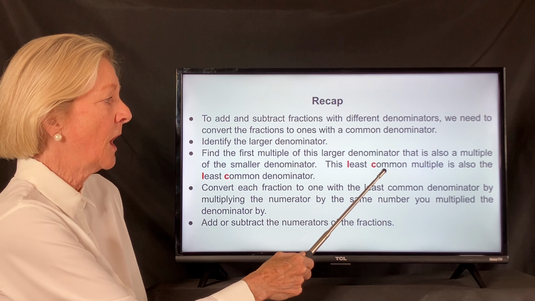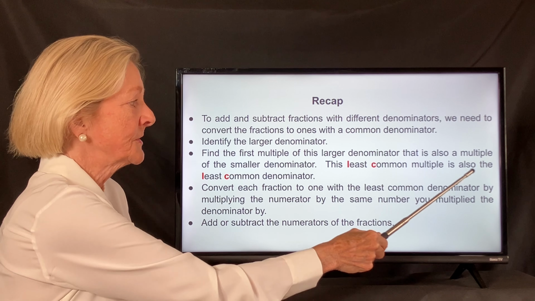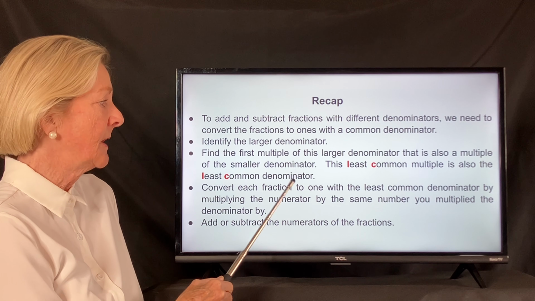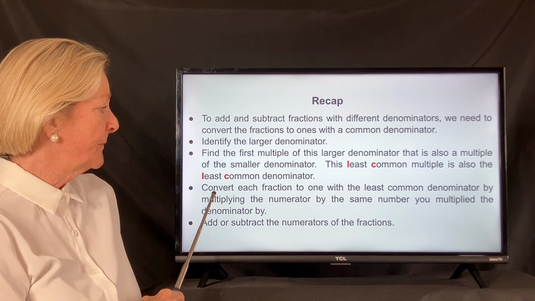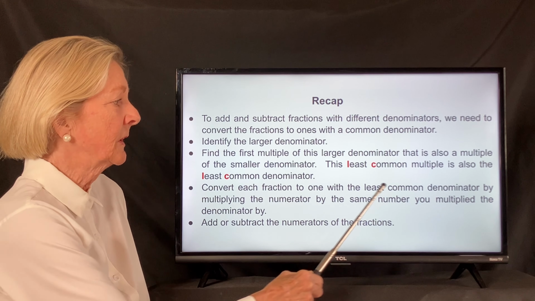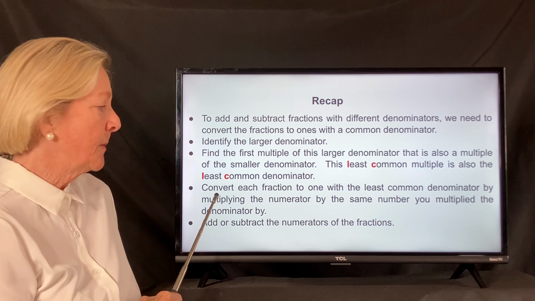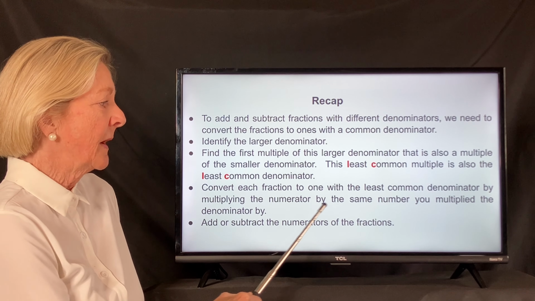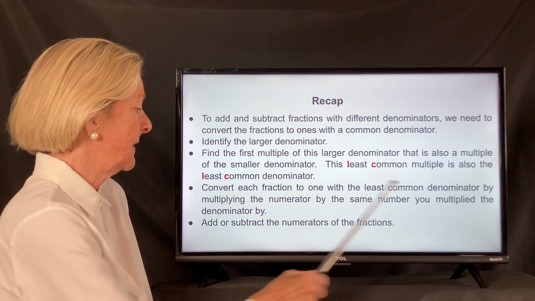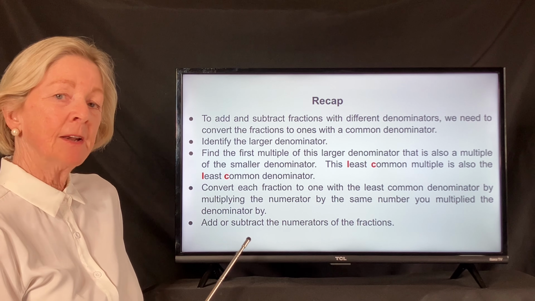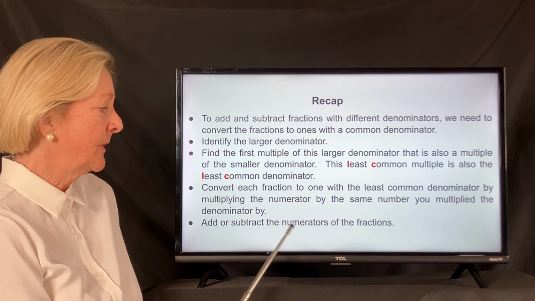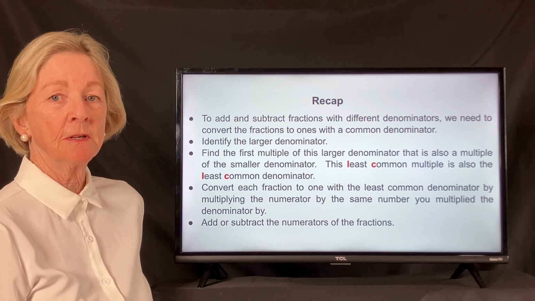This least common multiple is also the least common denominator. Convert each fraction to one with the least common denominator by multiplying the numerator by the same number you multiplied the denominator by. And last, add or subtract the numerators of the fractions.